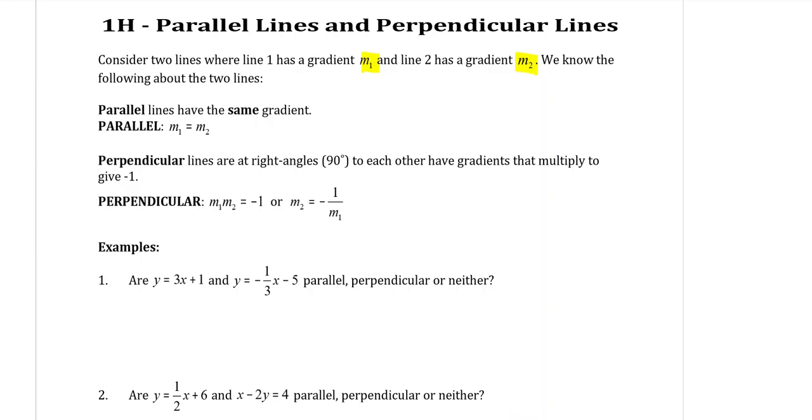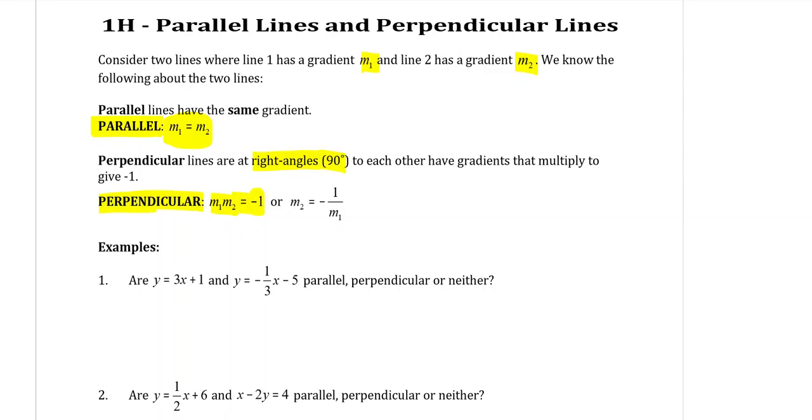If the gradients are the same, if we find out that M1 is equal to M2, that means that the lines are parallel. If we multiply M1 with M2, and that gives us -1, that means that the gradients are perpendicular, which means they are at right angles or 90 degrees to each other.